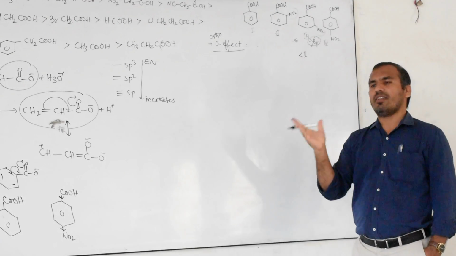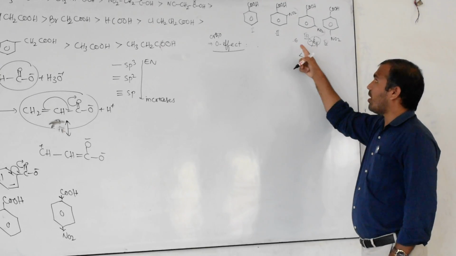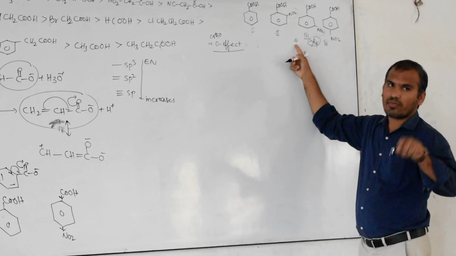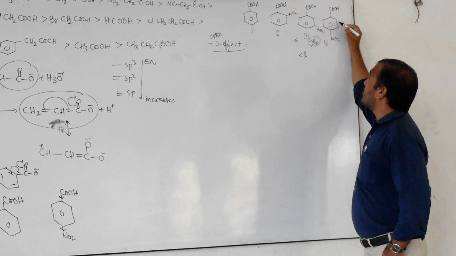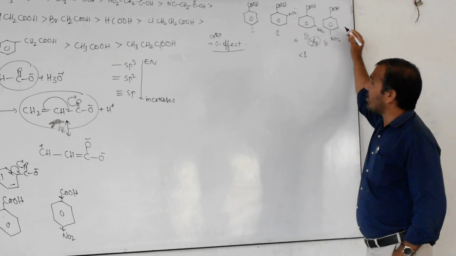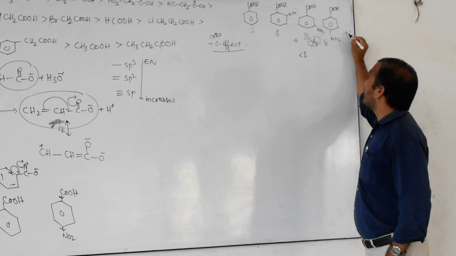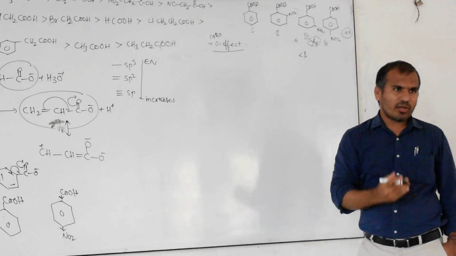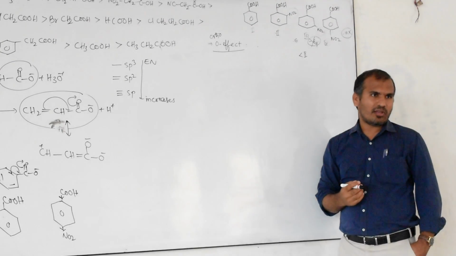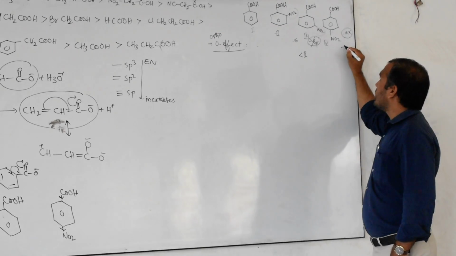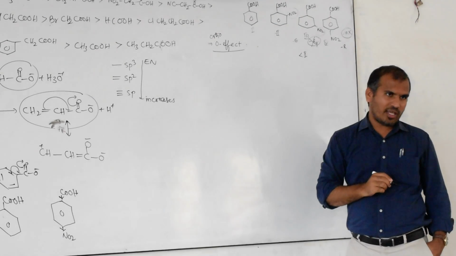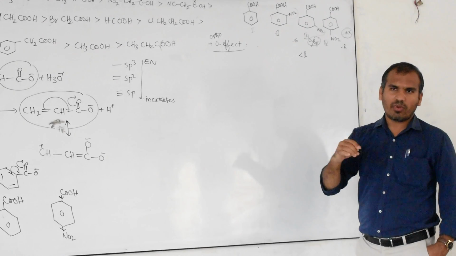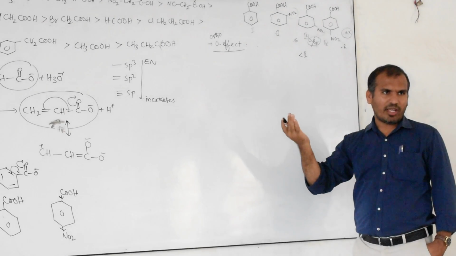Studied or not? Just want to revise this. So here, how many effects are present? Here 1, 2, 3, 4th position. At the 4th position, the minus I effect disappears, because it is applicable only up to 3 carbons. But minus R is applicable through the para position and ortho position, where the resonance effect is applicable.